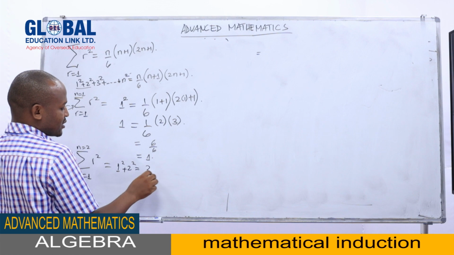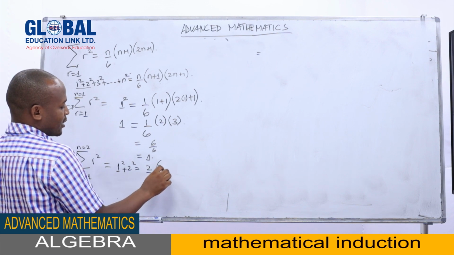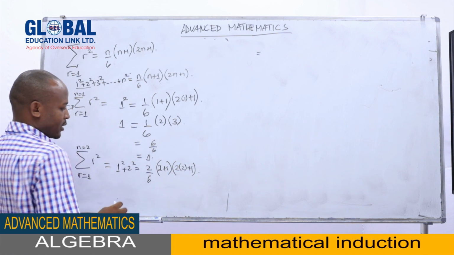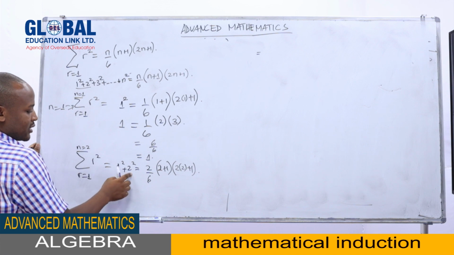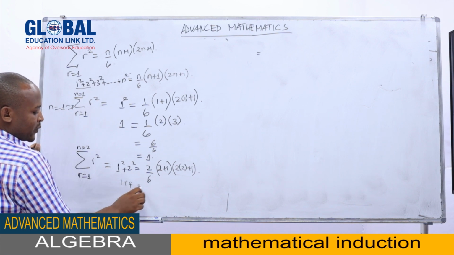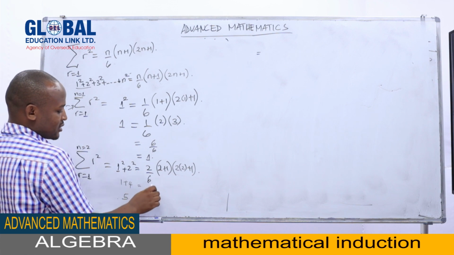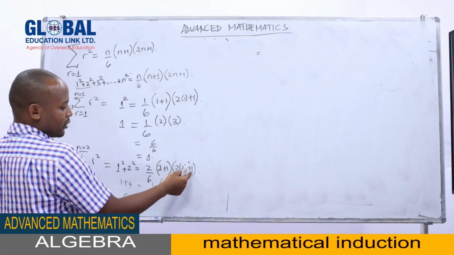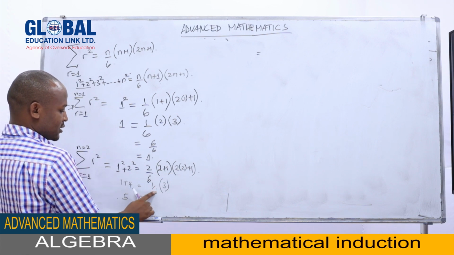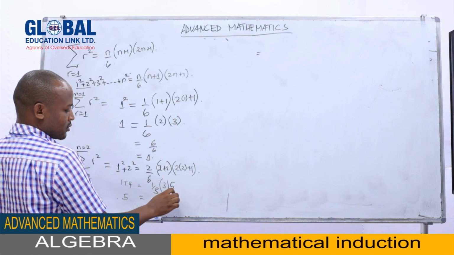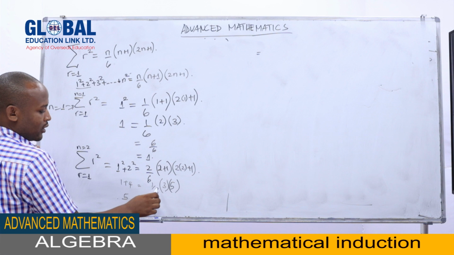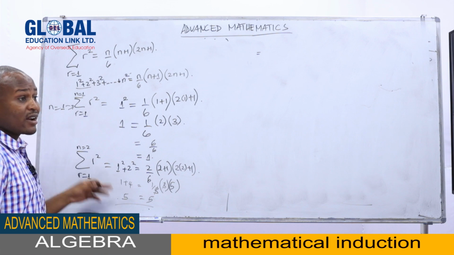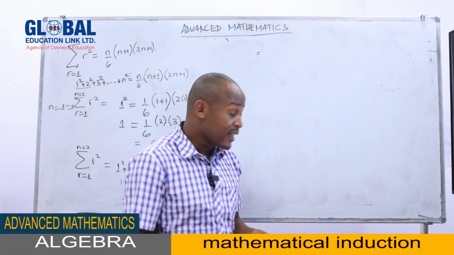When n is equal to 2, we have 2 over 6, and then 2 plus 1, and then 2 times 2 plus 1. On this side, 1 plus 4 is 5, and on the right there is 1 over 6, then 3, and then 5. The 3 and 3 cancel, and we are left with 5. That means it is true when n is equal to 1 and n is equal to 2. Then we can go on proving the next few steps.